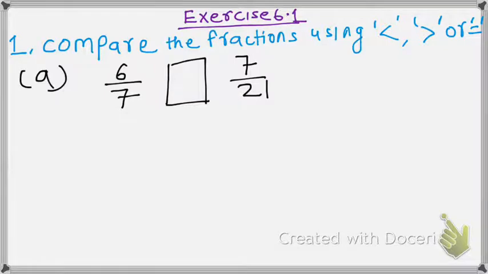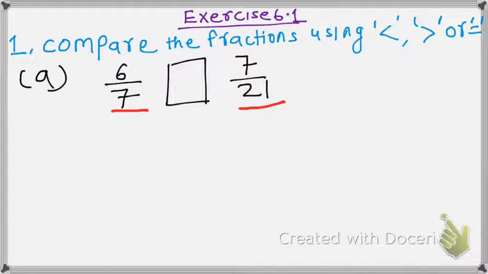We have to compare which fraction is greater, 6 upon 7 or 7 upon 21. Now students, you cannot compare these fractions because in the denominator there is 7 here and 21 here. We have to make it equal fraction. It is unlike fraction, we have to make it like fraction.